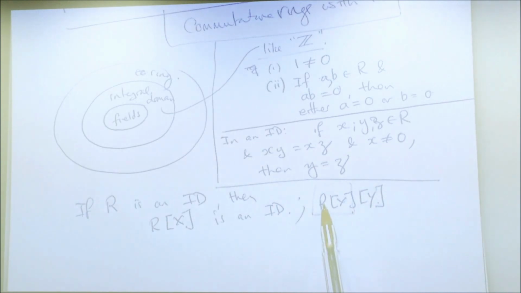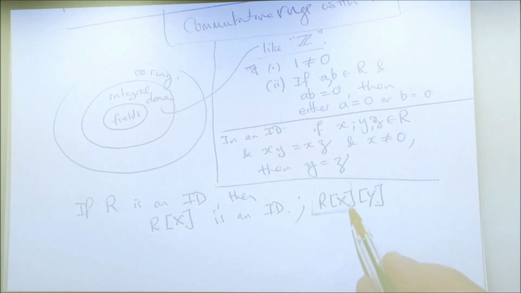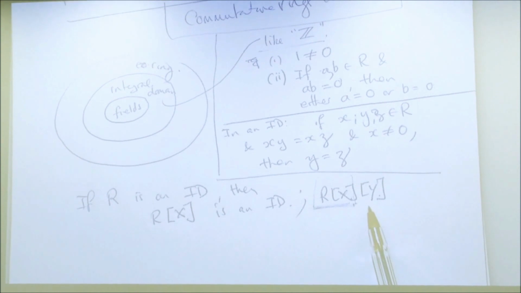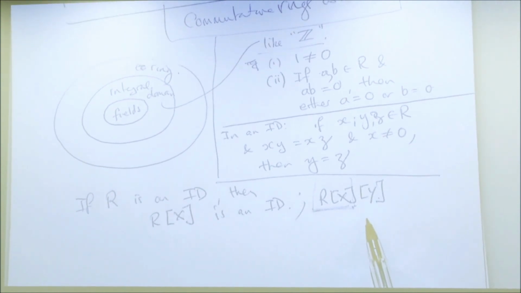This is going to be polynomials in Y with coefficients in this ring, which you can think of as being polynomials in two commuting variables with coefficients in R. And by extension, by induction argument, polynomials with coefficients in an integral domain in any finite number of commuting variables is going to be an integral domain. So you could build up.